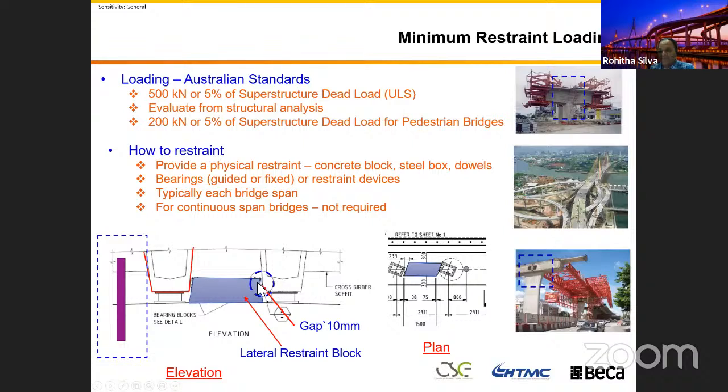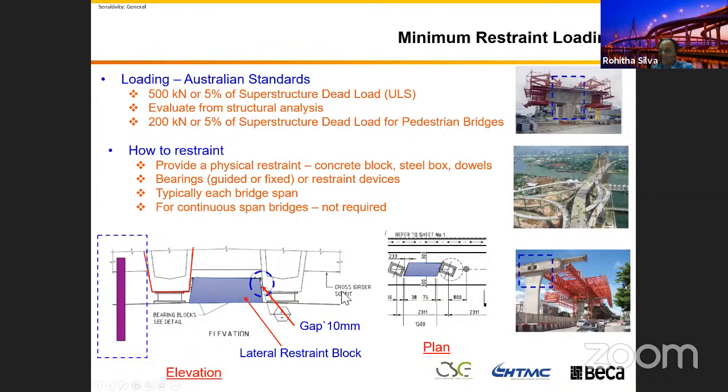We need to maintain a 10 millimeter gap between your girder and the block, to make sure that your bearing is not moved by 20-30 millimeters. Otherwise you have to jack the bridge to replace the bearing. The construction is very difficult, although the material you need to restrain is very little.